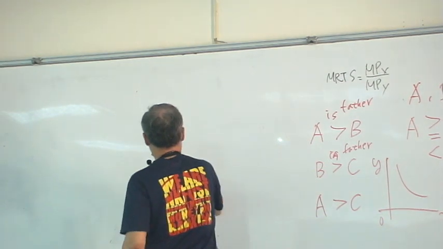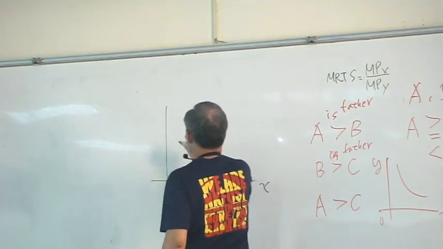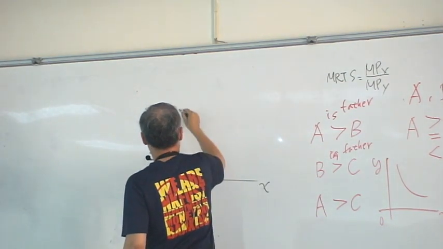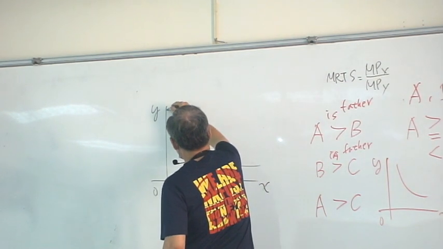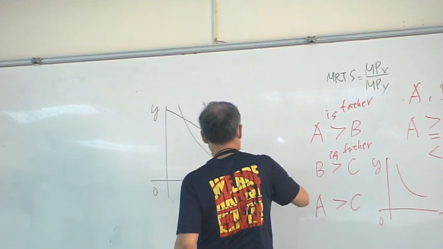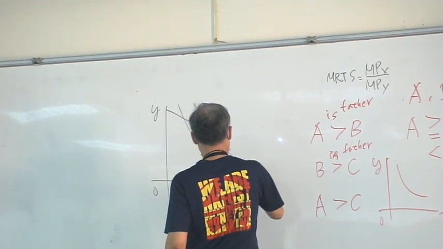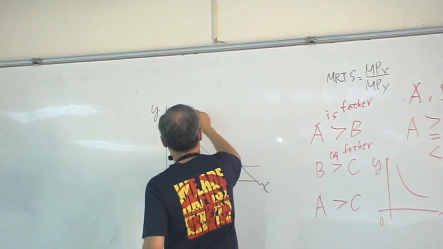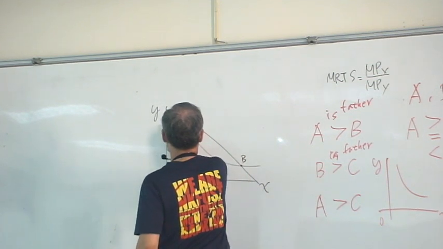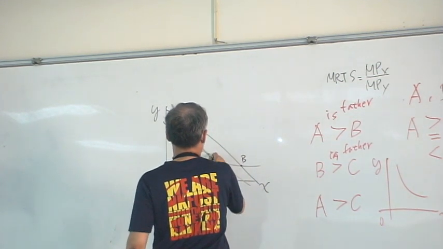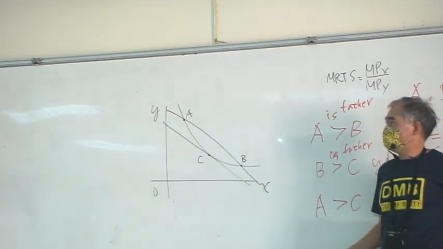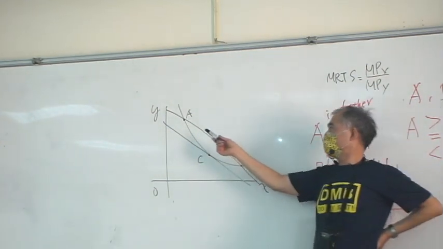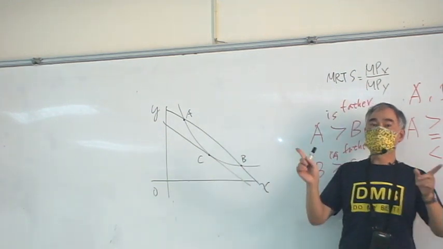When we have x and y, and it looks like this, and let us say we have something like here. So you have A, B, and here C. Generally you can treat A and B as two extremes.